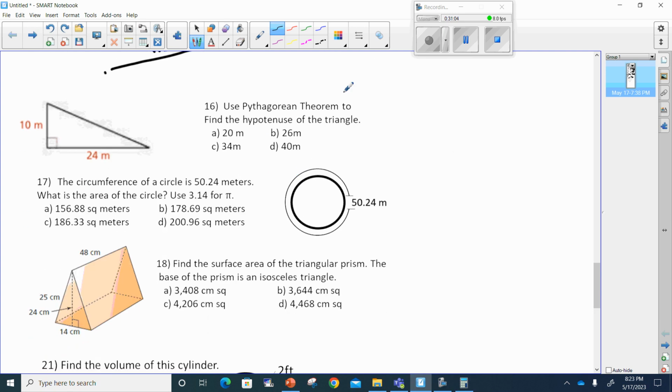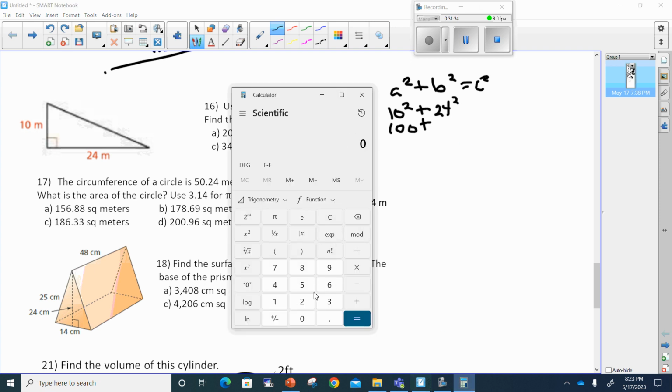Number 16, use the Pythagorean theorem to find the hypotenuse. Remember, the Pythagorean theorem says that a squared plus b squared is equal to c squared. Well, a squared is going to be 10 squared, and that's 100. Added to b squared, which was 24 squared. And 24 squared is going to give us 576.